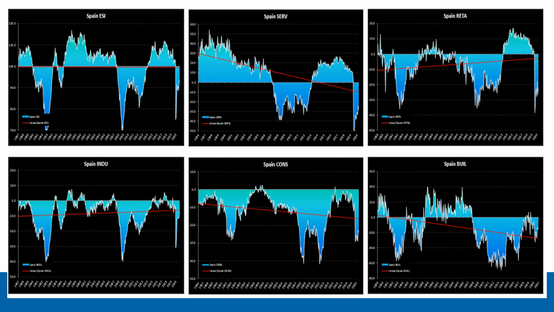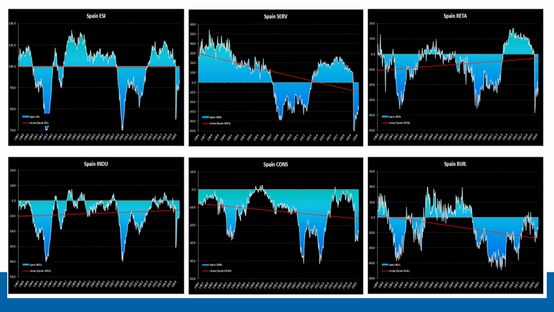So Spain, decent size economy, ranked number 13th in the world on 2019 numbers at $1.4 trillion. If we look at the manufacturing sector, generally always negative in Spain over the lifetime of the data. Services exhibiting similar to all the other major economies, going from positive sentiment to negative on average over the data set.